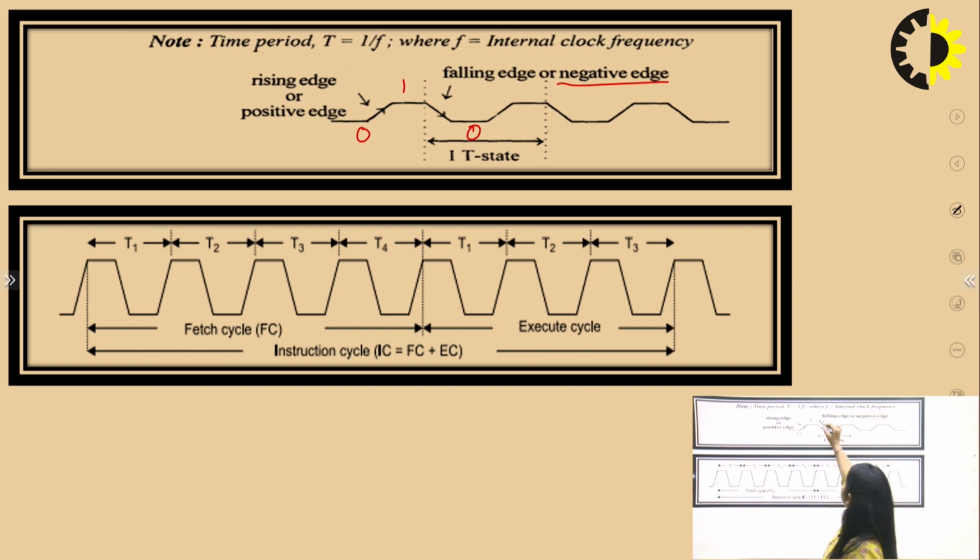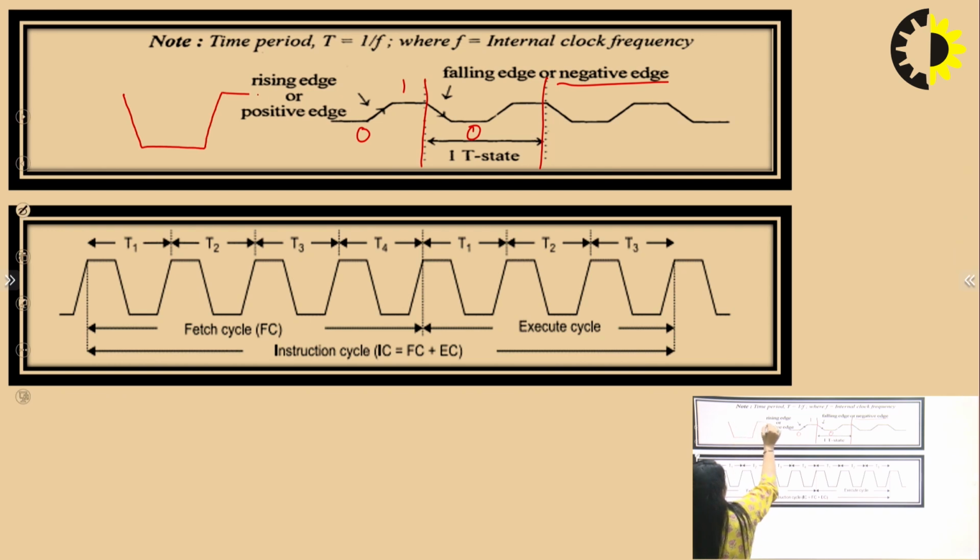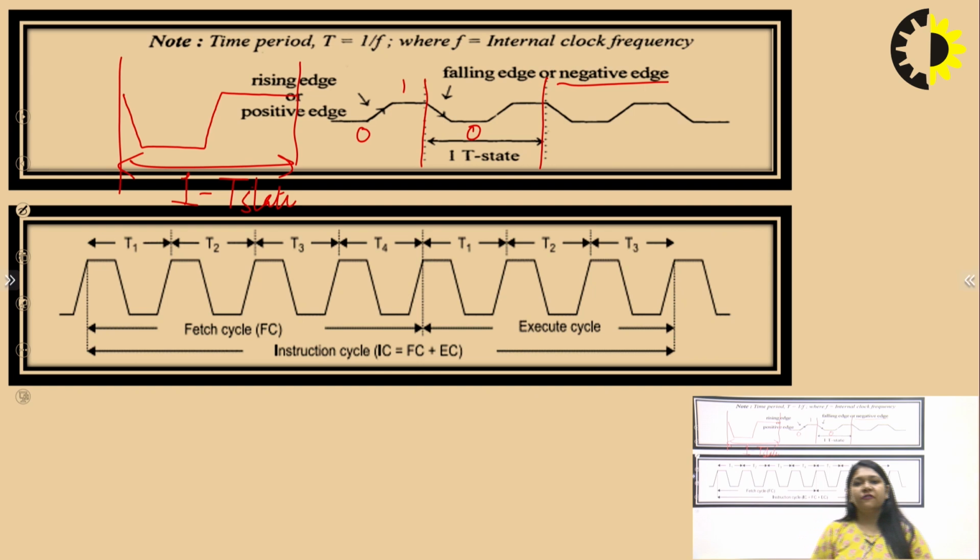So this transition, when one cycle is completed, like this one, if I talk about a clock, this completes 1 T state. This is 1 T state. In a microprocessor there are a number of T states for fetch and execute.